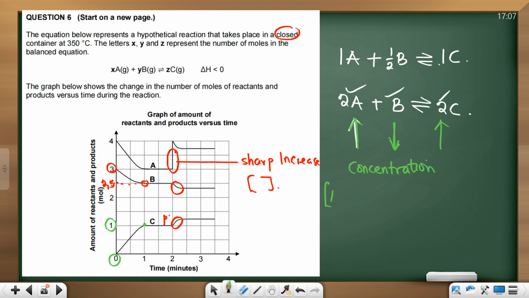All right. Concentration of A increases. Forward reaction is favored. Equilibrium shifts to the right.